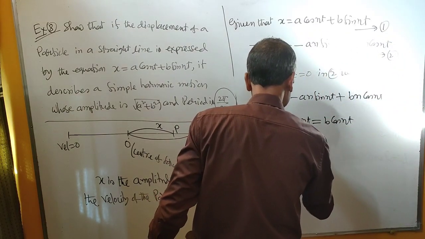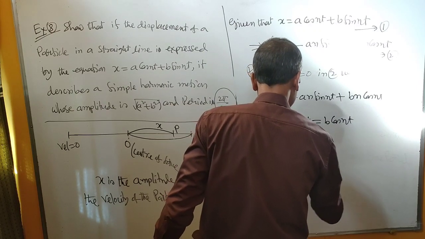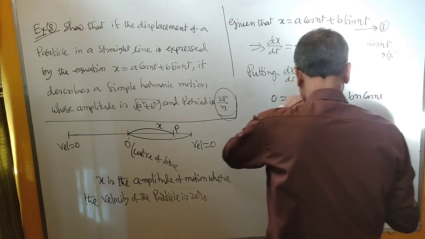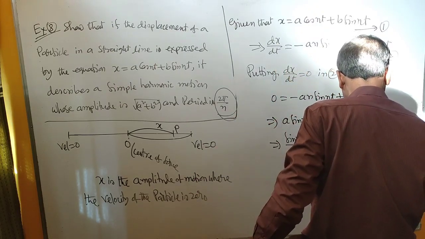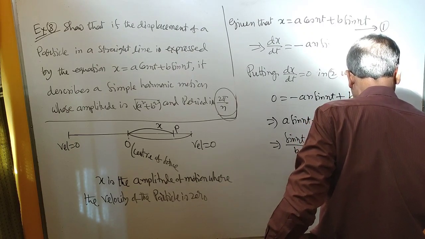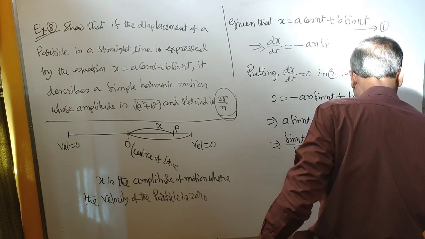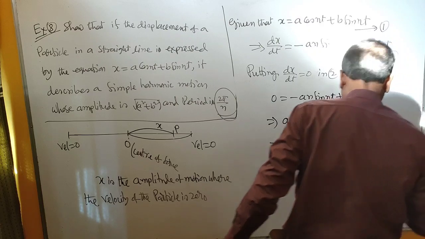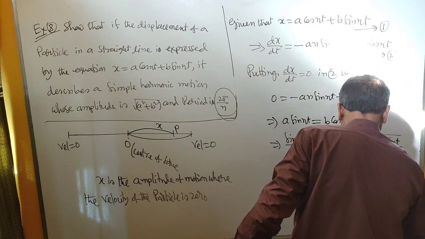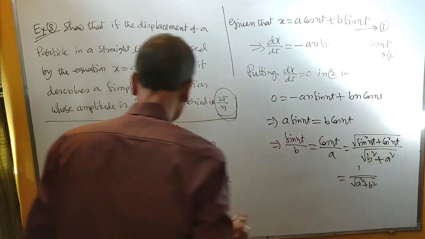This means sin n t divided by b equals cos n t divided by a, equal to root over sin square n t plus cos square n t divided by root over b square plus a square, equal to 1 divided by root over a square plus b square.